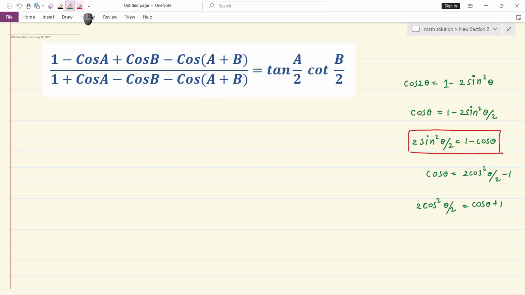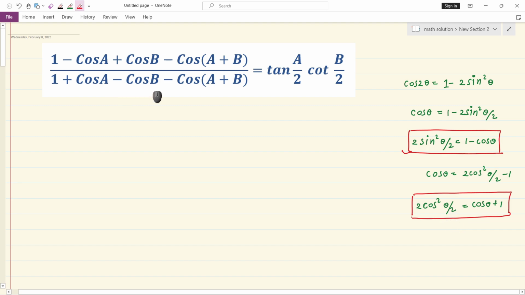So we have got two different formulas, which we are going to use in most of the steps. You must remember and be familiar with these two formulas: 2 sine square theta by 2 equals 1 minus cos theta, or 2 cos square theta by 2 equals cos theta plus 1. Whenever we find 1 minus cos theta, we can write 2 sine square theta by 2. Whenever we find cos theta plus 1, we can write 2 cos square theta by 2.